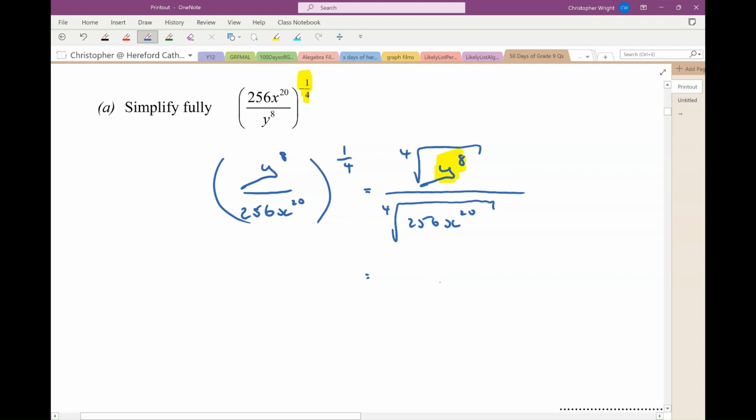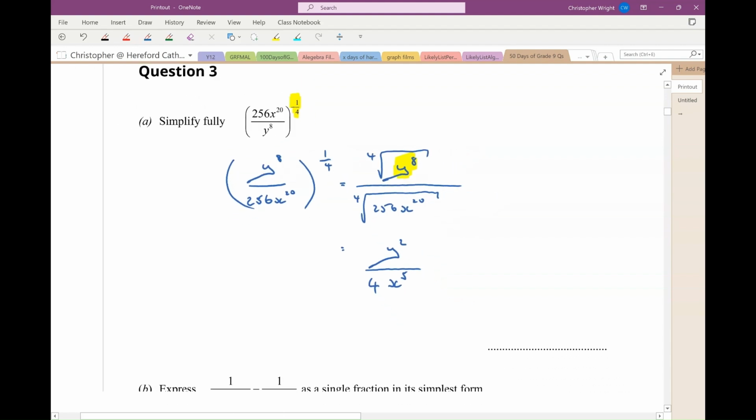Well, that's going to be y squared. You divide the power by 4, don't you? Now here I've got the fourth root of 256. What times what times what times what is 256? Answer 4. And then what times what times what times what is x to the power of 20. We'll divide the power by 4, x to the power of 5. So that is part A.